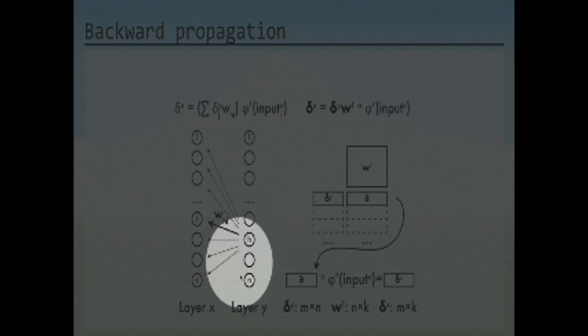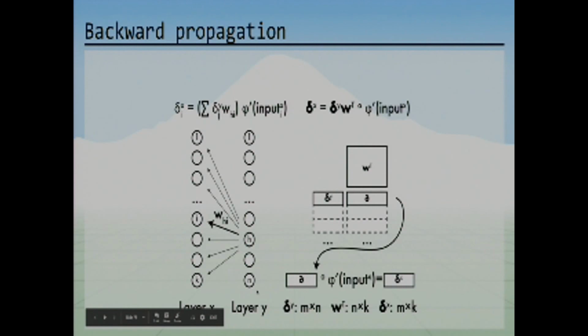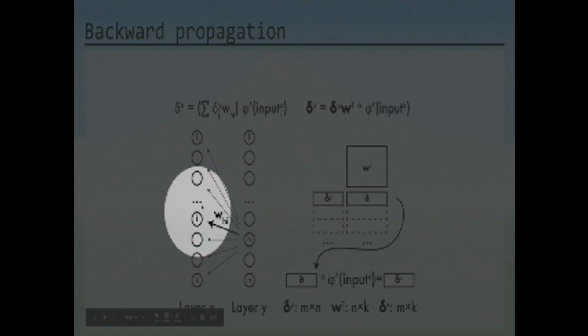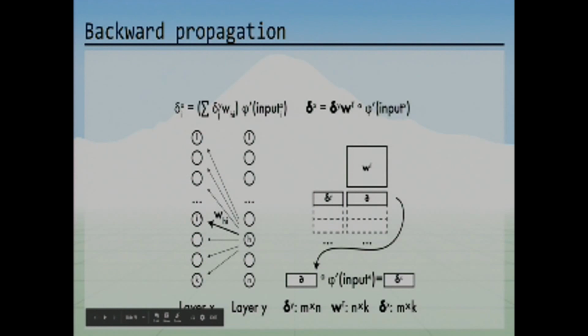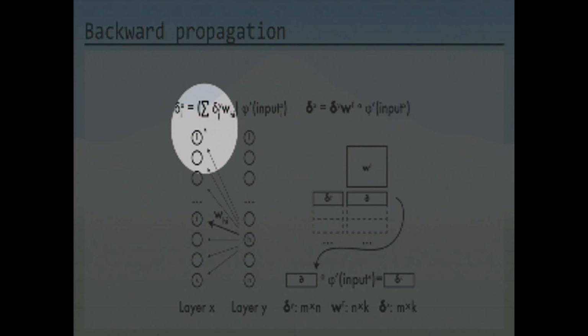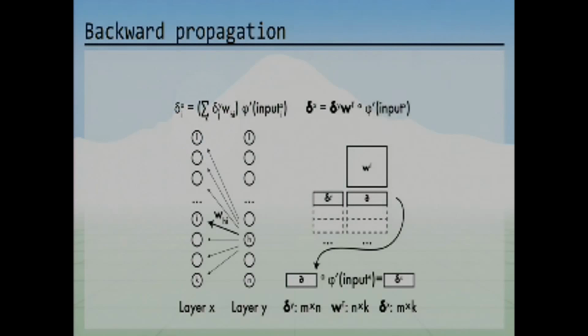And we're going to have to think of all of the deltas that we have at layer y, all of the loss information that we have at layer y, and backpropagate them through these weights to form the loss that we have, delta i, in layer x. So delta i in layer x is going to again be a weighted sum.